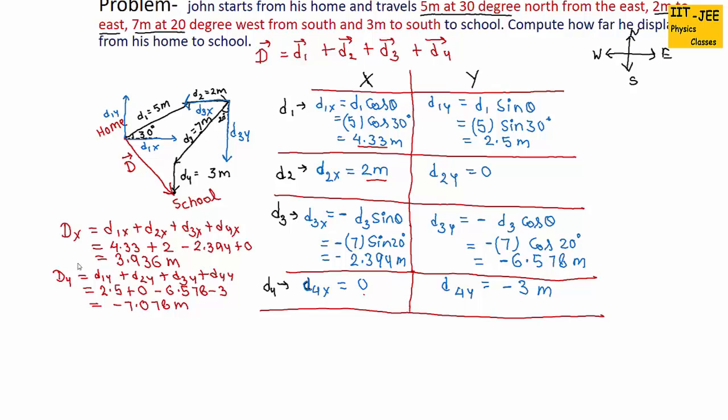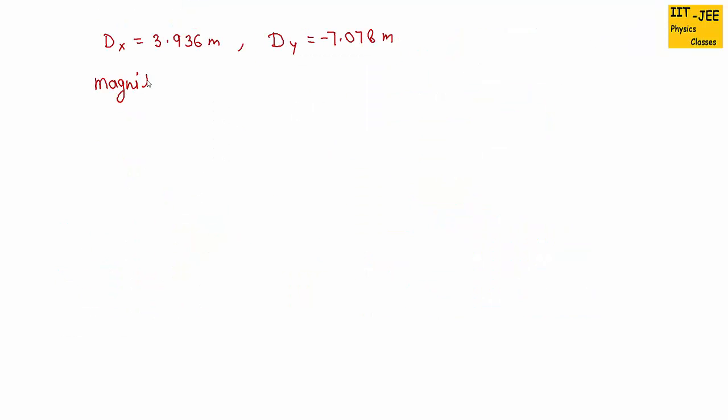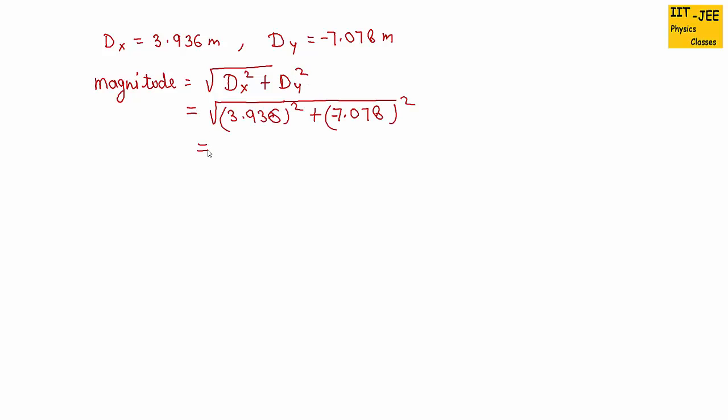So now we have x and y component of resultant vector D. Let's take another page. So for the magnitude, we use the formula root Dx squared plus Dy squared. This will give us 8.098 meters.